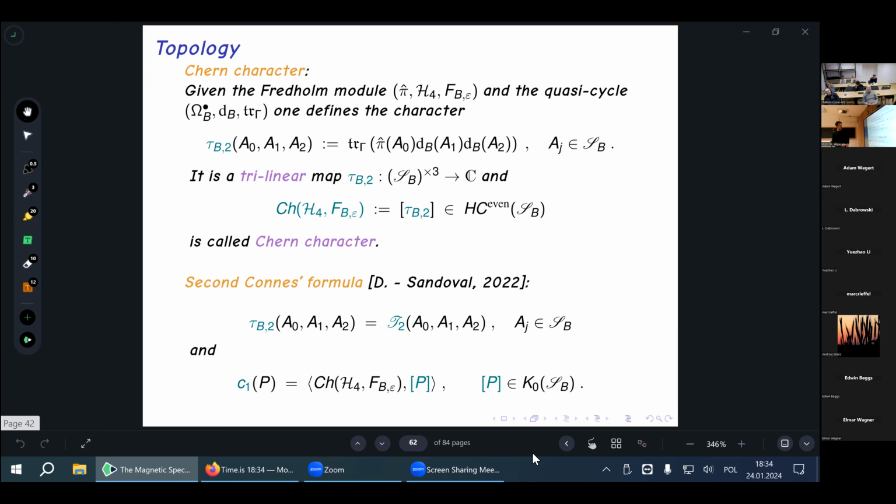Now we can prove that if we compute this formula over A1, A2, A3, we obtain the same type of cocycle in my initial algebra, which is the trace per unit volume of A0 delta A1, delta A2, where the partial derivatives are the components of the gradient.